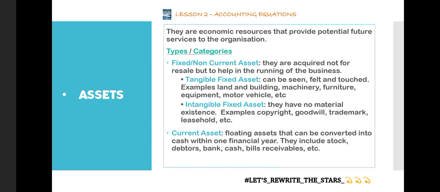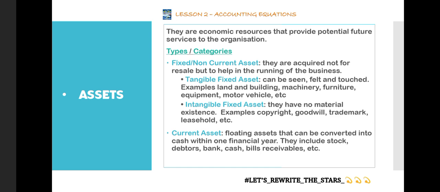That is why people who are owing the business are also referred to as current assets. If they had given us the money when they came to purchase the items, we wouldn't write their names at all. We would just write the cash they've given us.